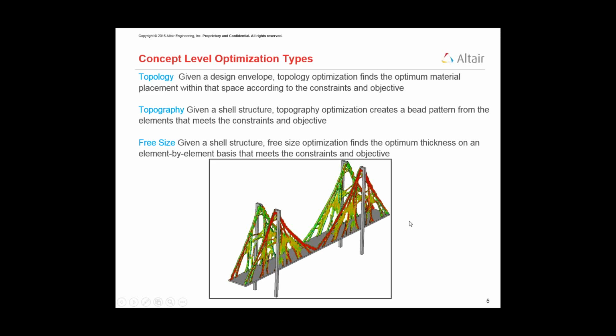And what I think is coolest about this particular optimization is this: we just let OptiStruct decide what to do. We gave it a large rectangle of material and said, design a bridge for us. And as you can see, it essentially came up with the exact structure of a suspension bridge. And I think this definitely shows what OptiStruct is truly capable of.